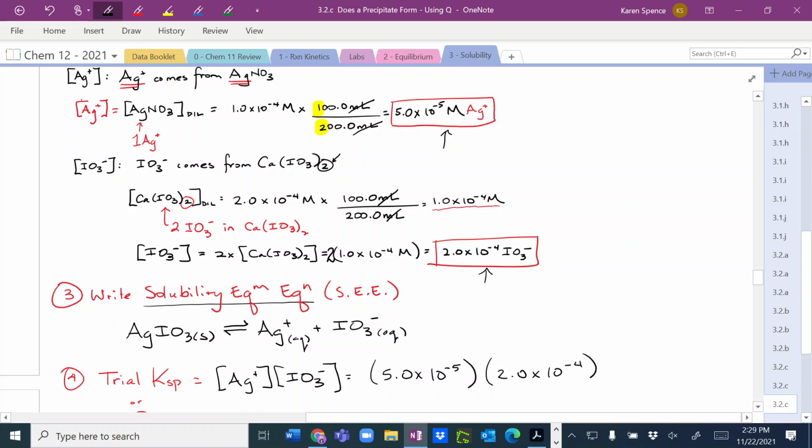So we get 5E-5 times 2E-4 equals 1 times 10 to the negative 8. I suppose I should write 1.0 times 10 to the negative 8, but I know I'm just doing a comparison and I don't really care about sig figs, but I'll put it in anyway.